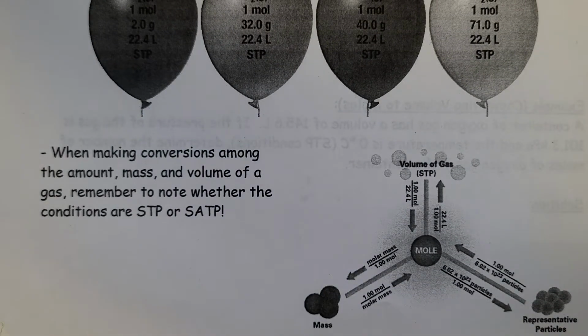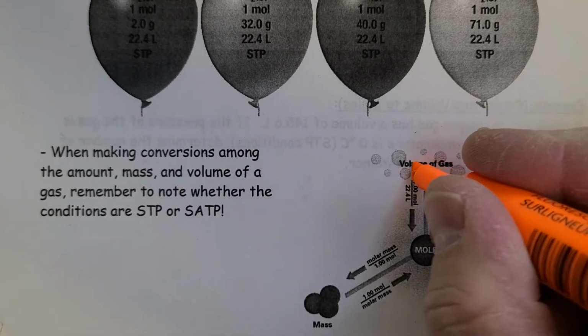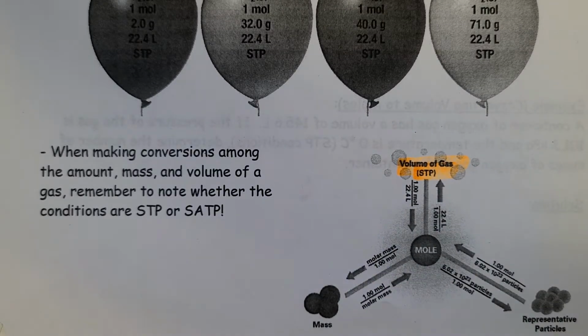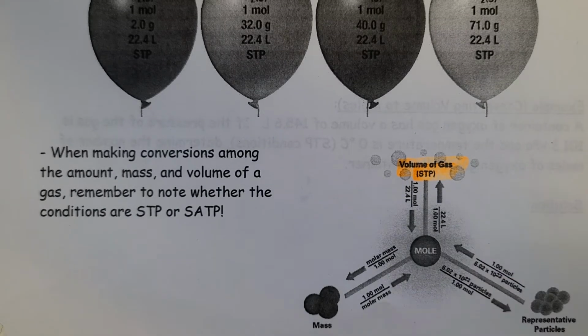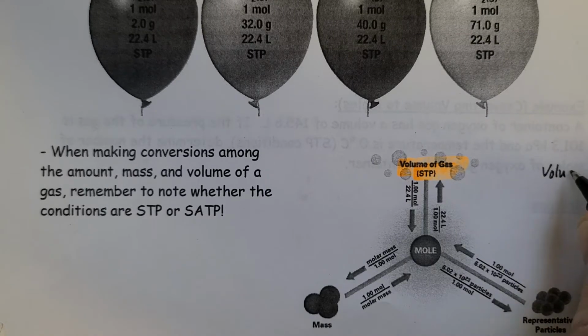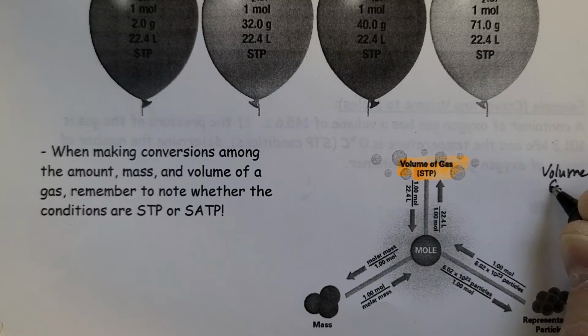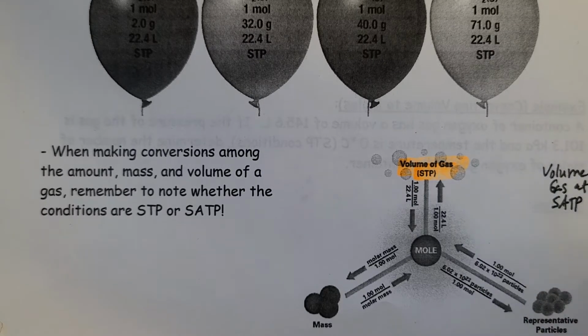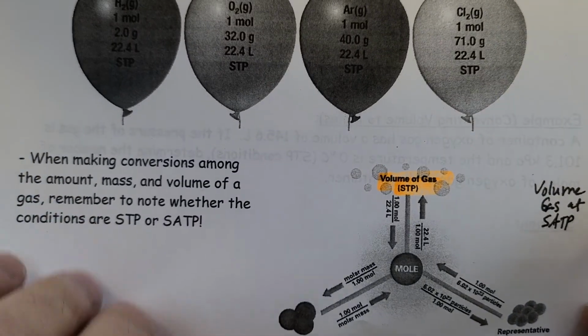So if you look on your blue sheet, there's a couple of things we can add here. We have the STP conversion: 22.4 liters is 1 mole, or 1 mole is 22.4 liters. We need to add the volume of gas at SATP conditions, so we're just going to add that in there.